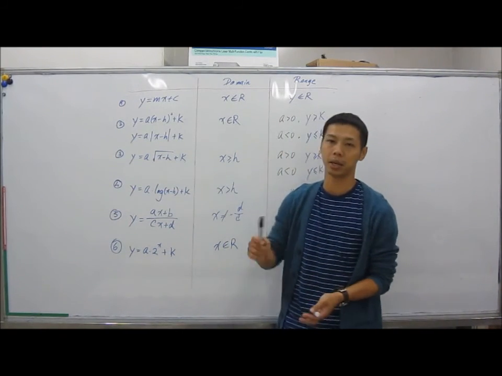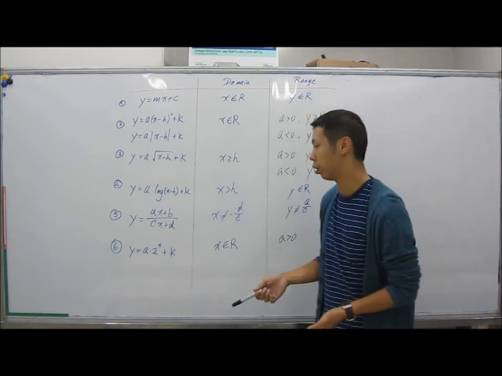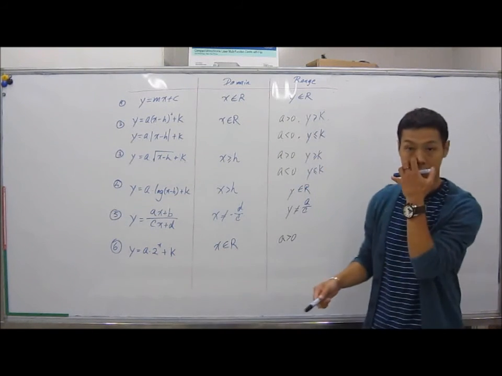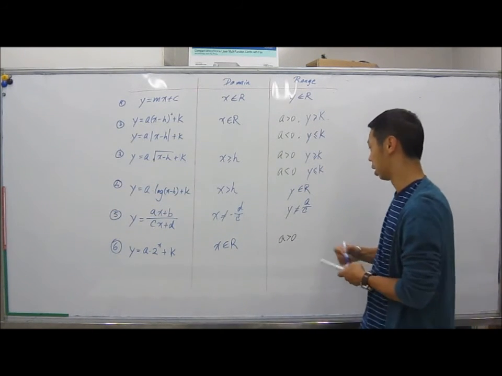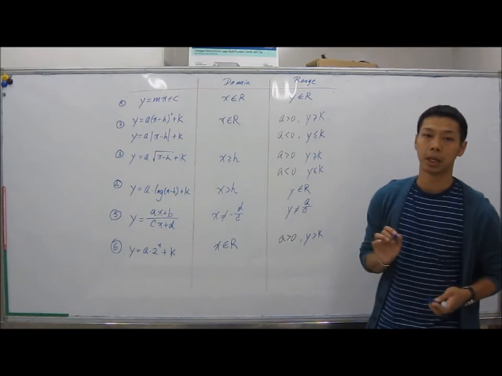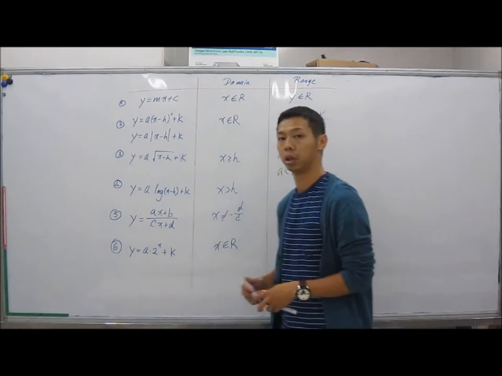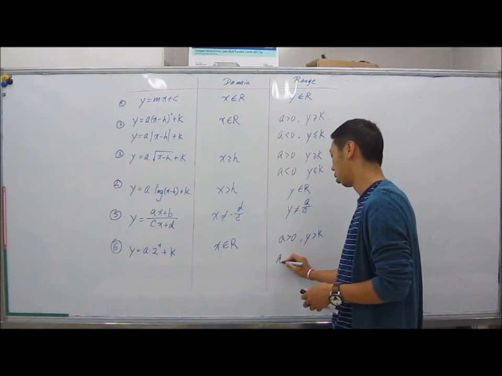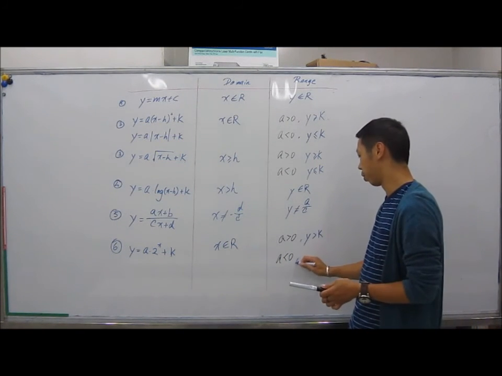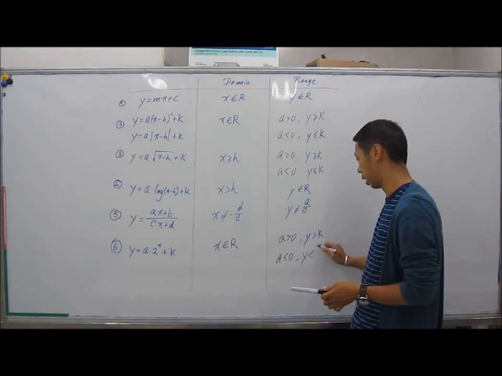We cannot say that 2 to the power of something is equal to 0 or negative. So if this one is positive, the whole first term is also greater than 0. Then plus the k, the y will be greater than k. And turning around, if a is negative, it is the same as before, just without the equals: y is smaller than k.